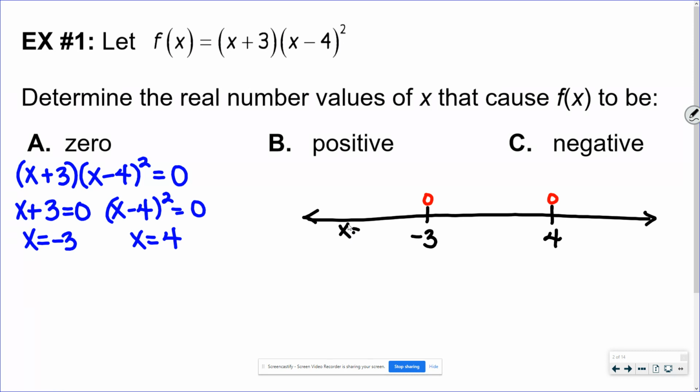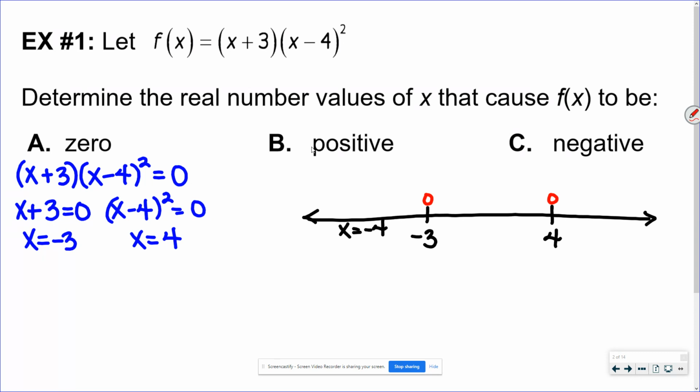To do this, I'm going to pick a value that is smaller than -3. Maybe we'll just do -4. I'm going to plug that into the function, and I'm just looking to see if it gives me a positive answer or a negative answer.